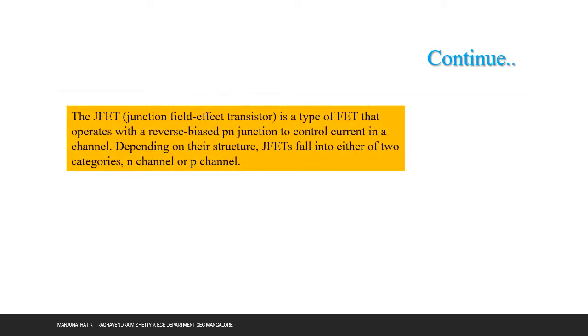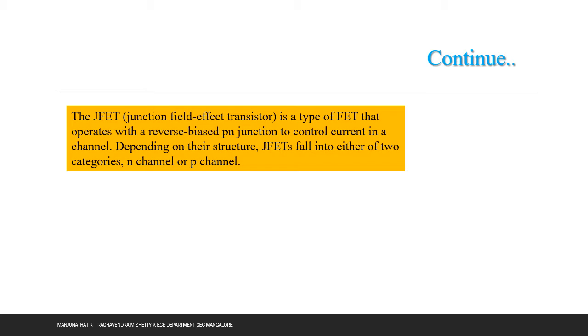Next, the JFET is a type of FET that operates with a reverse biased PN junction to control current in the channel. Depending on the structure, JFETs fall into either of two categories, N channel or P channel.